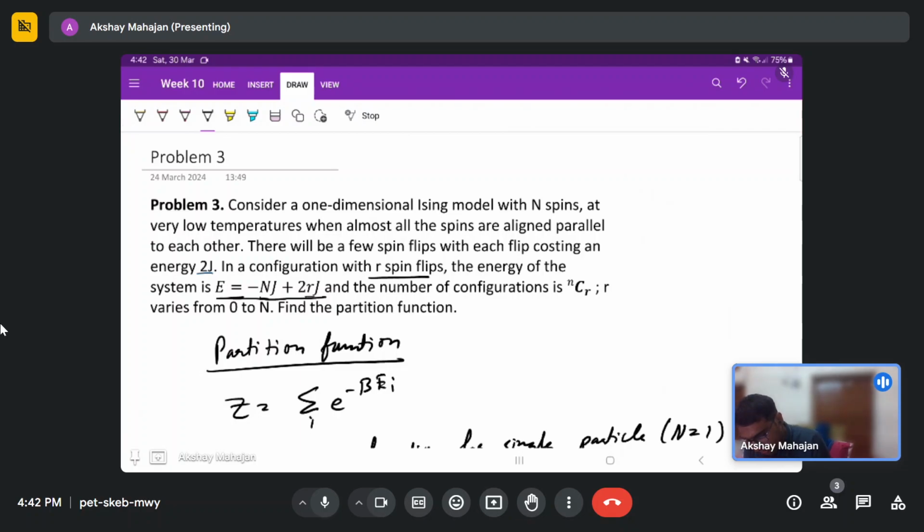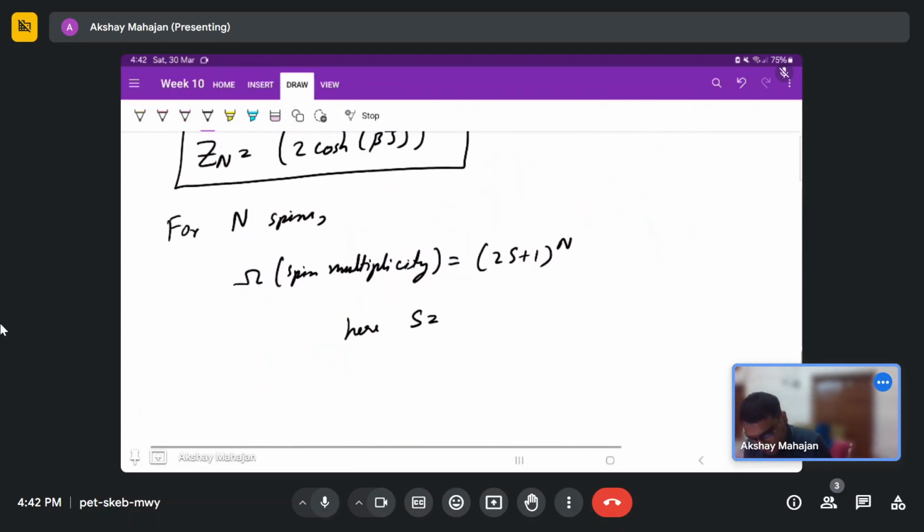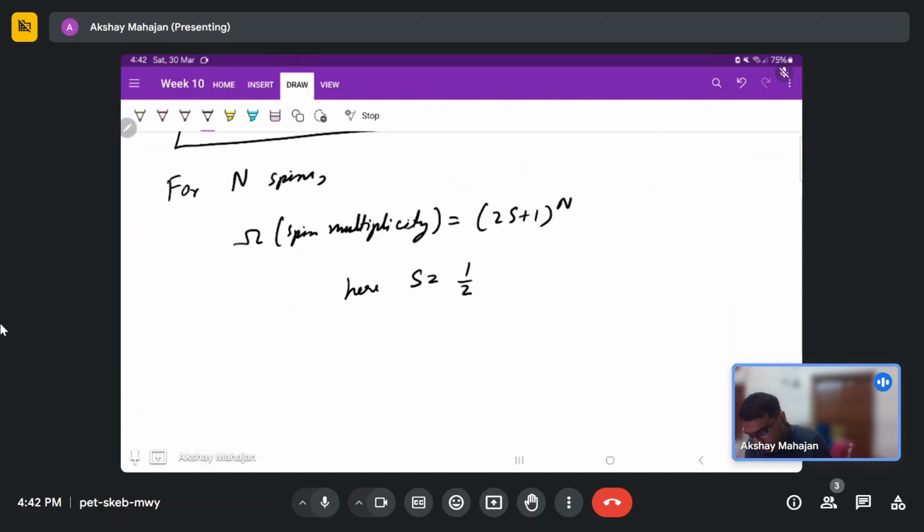It is not stated whether it is a spin half particle or not, but we can consider capital S to be equal to half here, since I guess in this problem it is basically a spin half particle. So our multiplicity will come as 2 to the power n.